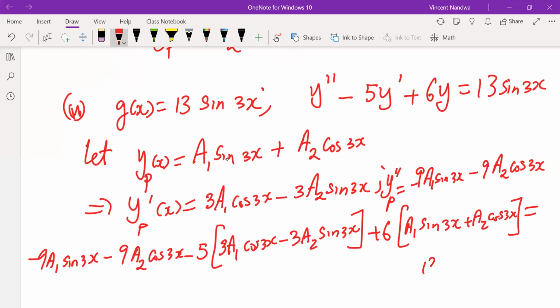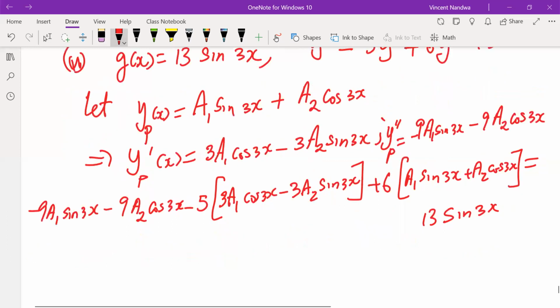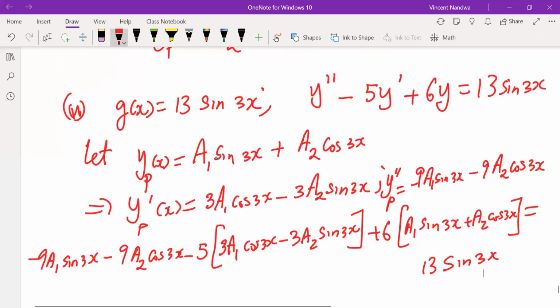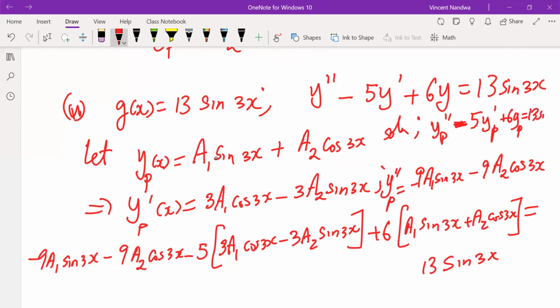This should give us 13 sine of 3x. Because immediately we say let this one be the solution, then yp double prime minus 5yp prime plus 6yp should be 13 sine of 3x.